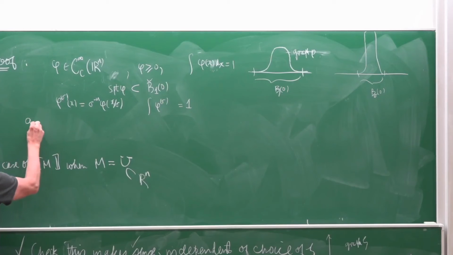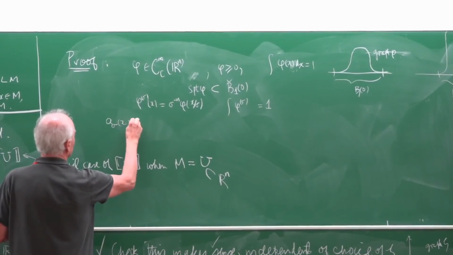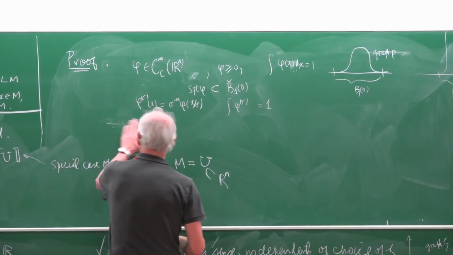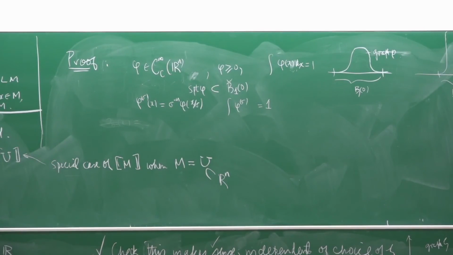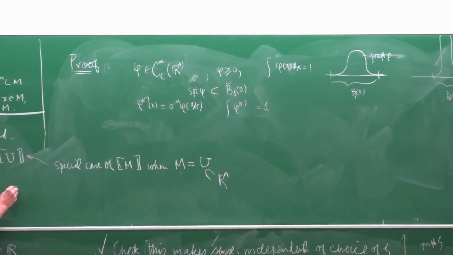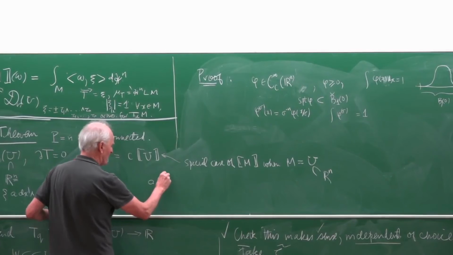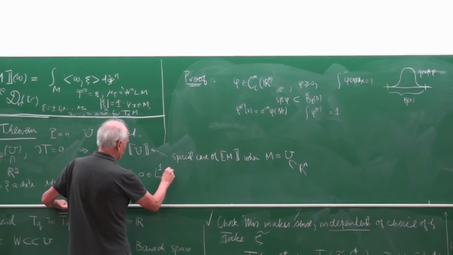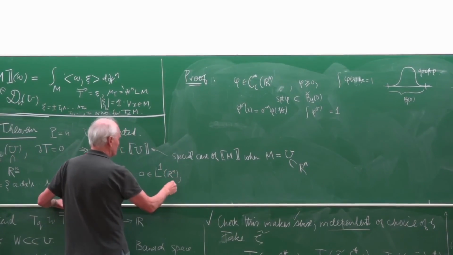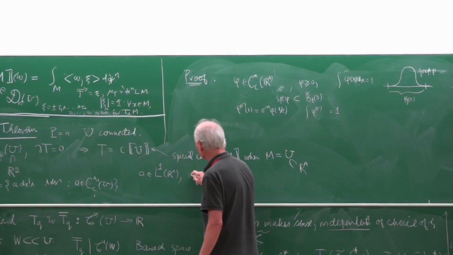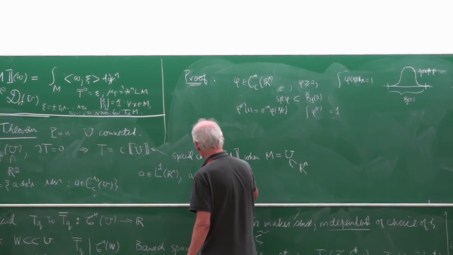So let me set things up now. I'm going to use mollification, and we're also going to be working with these forms. For the moment, rather than taking a C infinity function, let's take a function A in L1 of Rn, with the property that the support of A is identically 0 outside some ball.